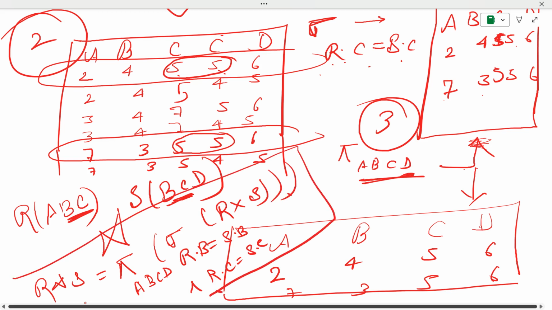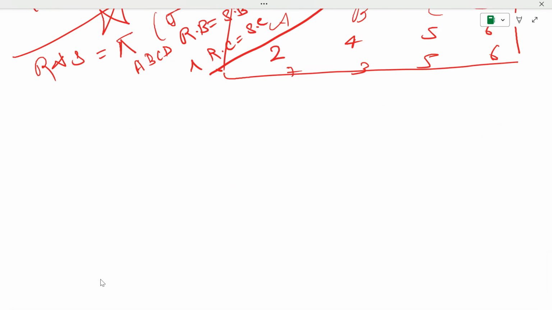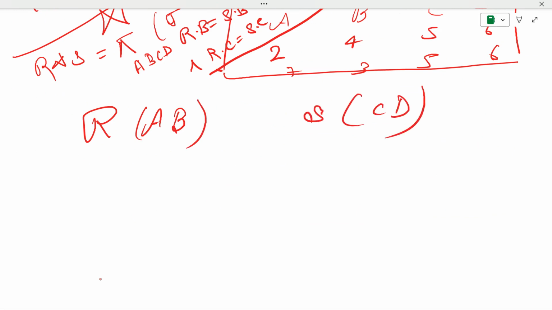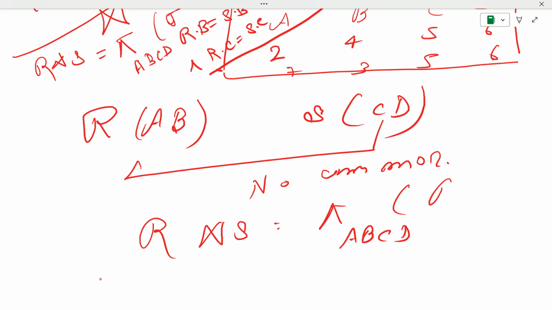Okay, so yep, this is all about if we don't have the common attribute. So if we don't have common attributes, such as if R has attributes A, B and S has attributes C, D, and you see there is no common attribute, then simply the natural join of R and S would include A, B, C, D and R cross S, right?